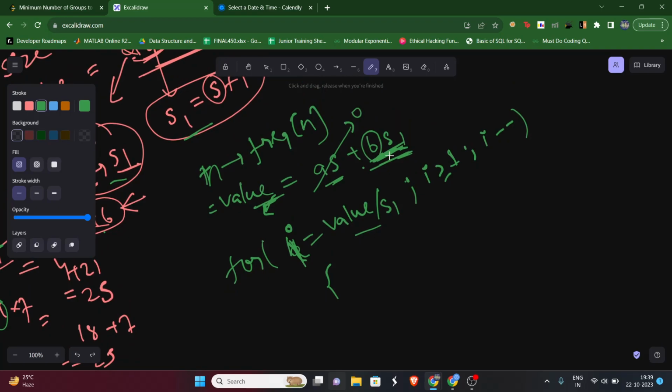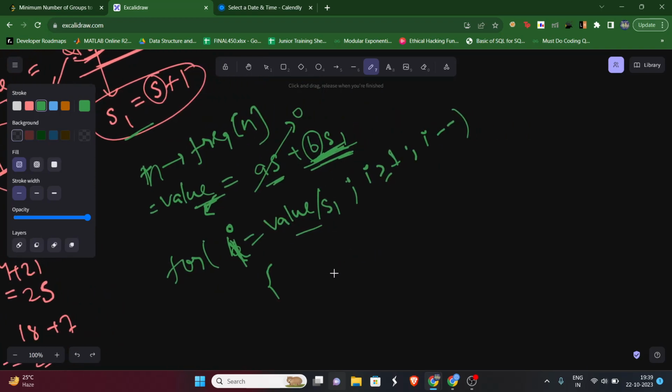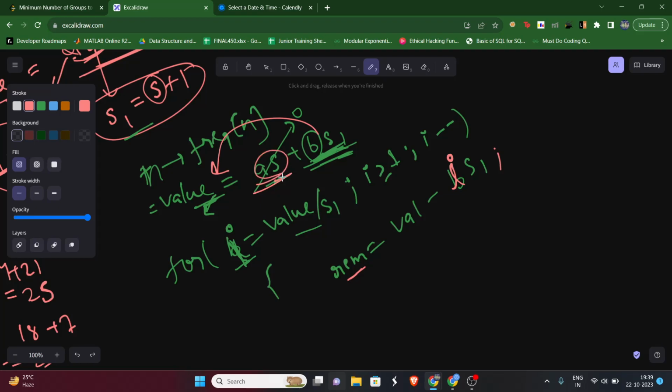For any value b of s1, what will be the remaining sum? The remaining value is value minus b of s1, and b is nothing but i over here. So value minus i of s1 is the remaining value, and this should be equal to a of s.